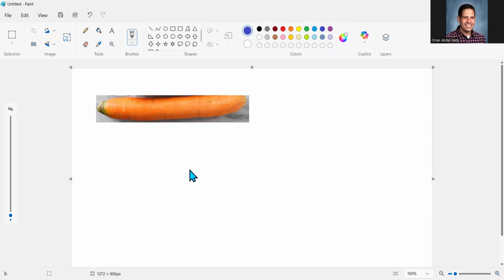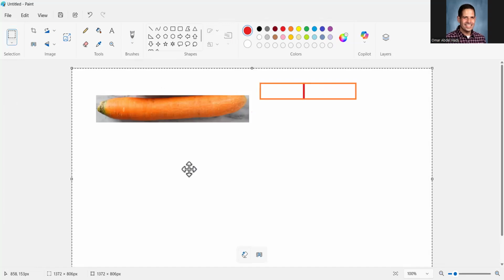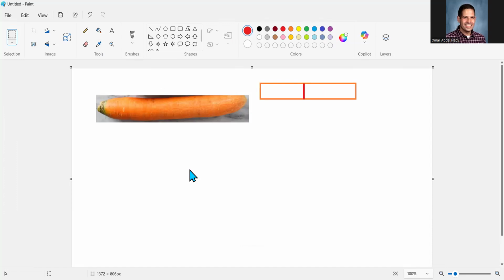Okay, so if we have a carrot that is, let's say this is the whole, the carrot, and this whole is split into halves, okay? And another carrot is split into fourths.